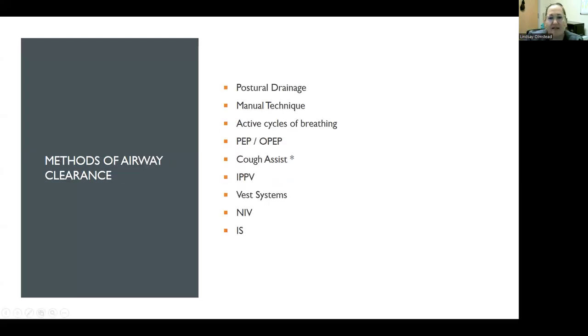So, different methods of airway clearance. I'm just going to go over some of the things we do here, and we'll go through them a little bit more in detail with the next slides. But when considering which method of airway clearance you're going to use, you always have to consider the degree of patient effort.